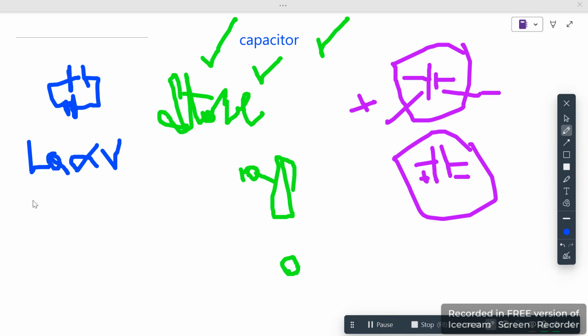Whenever we remove the proportionality, we add a constant. Here the constant is C, the capacitance, which I will discuss in the next video. But still, capacitance is the ability, how much energy can be stored. The capacitor is the device, and the ability it has is the capacitance.